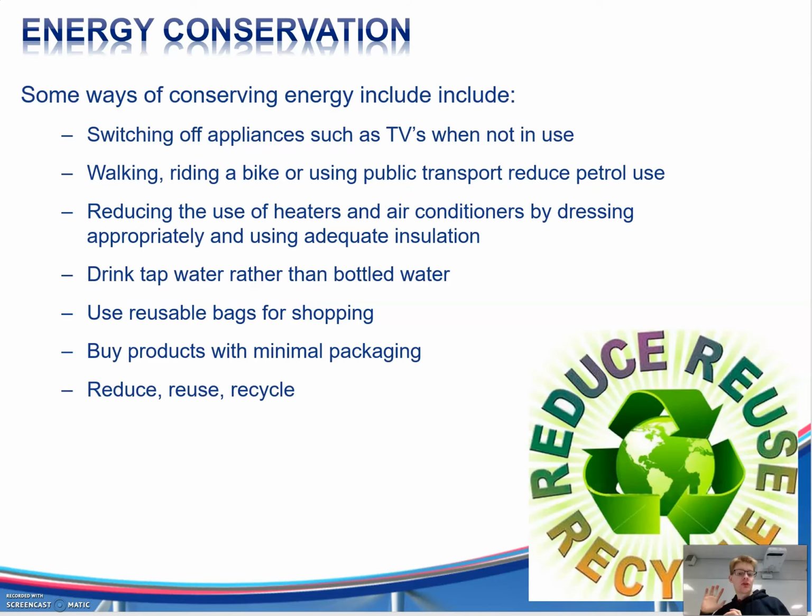We've got to stop using as much of the non-renewable resources as we are, and we can do that by switching off appliances when we don't need them. Try to use less electricity. And remember that some of the products that we buy also come from factories that use up a lot of electricity. So the less products that we can buy, the better.